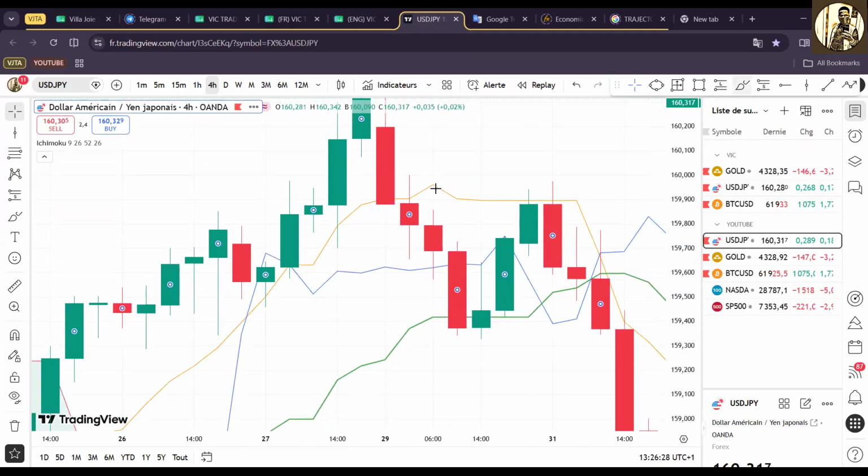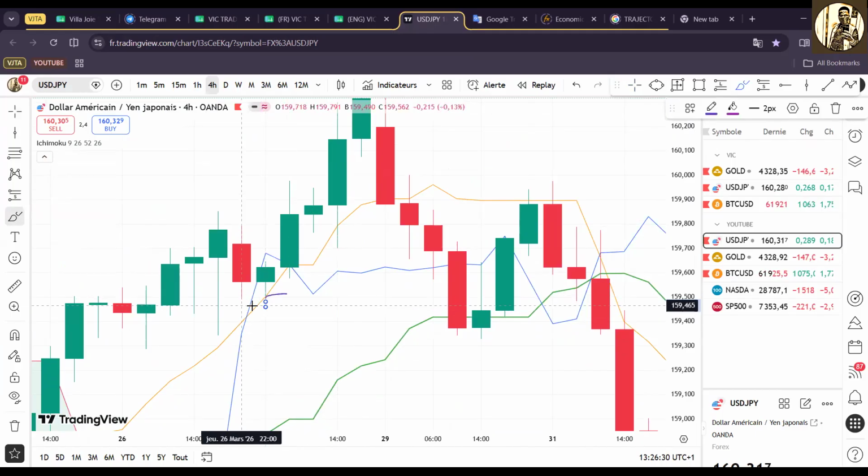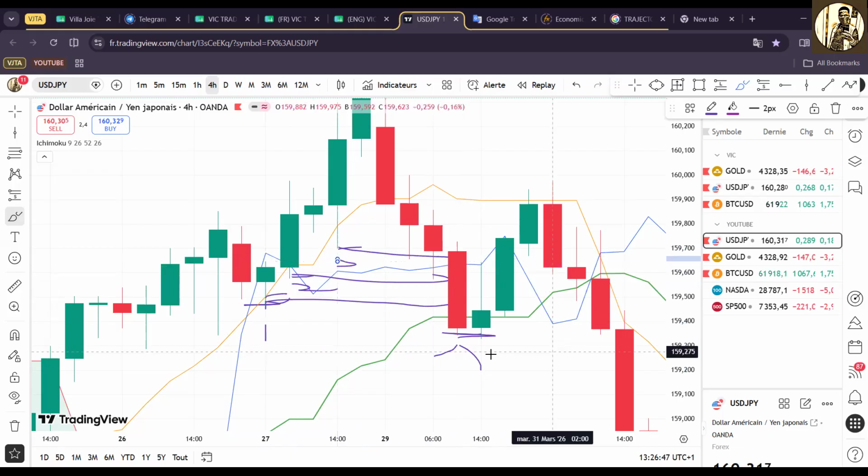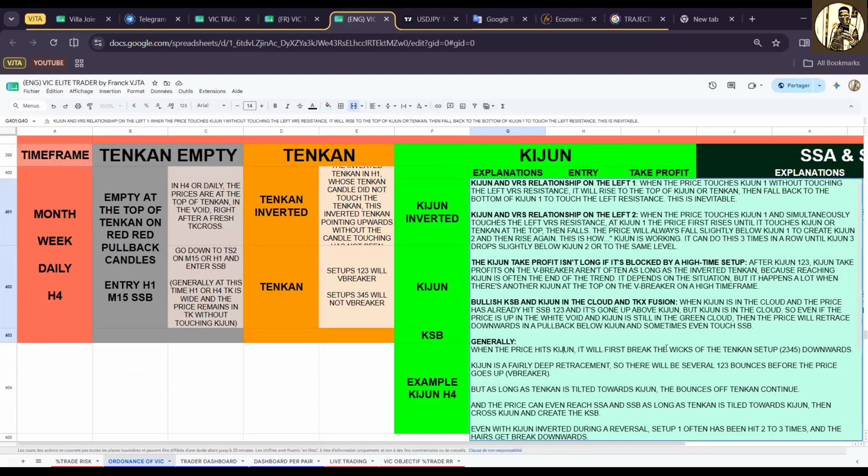When the price was rising, this Tenkan has been touched, this Tenkan has been touched, this Tenkan has been touched 3 times. And when this Kijun is touched for the first time, it has broken the wicks of the 3 Tenkan touches on the left, 1, 2, 3. Those wicks have been broken when this Kijun has been touched. You get it? That's what I'm saying.